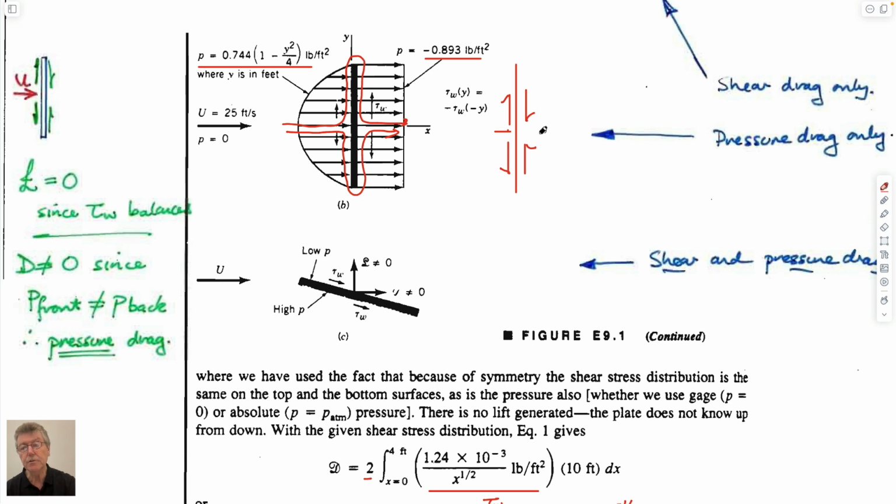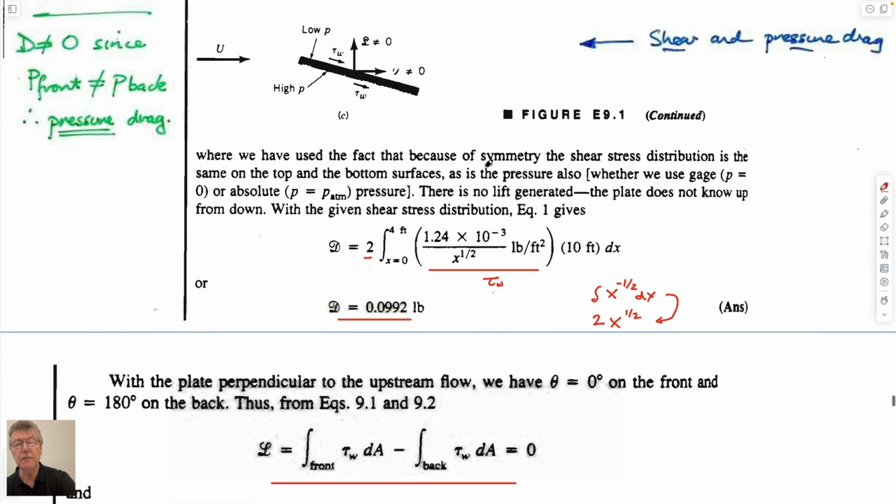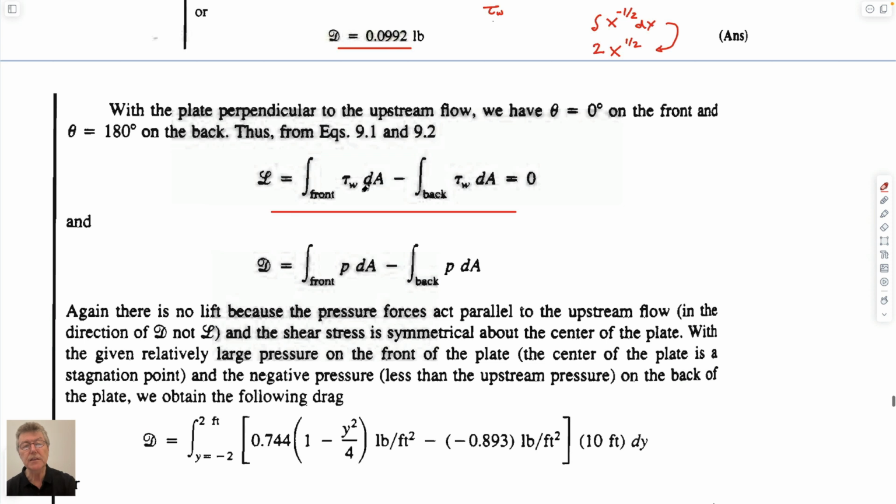So the symmetry of these two on the back are going to cancel each other, so there's going to be no net component from these. And the symmetry of these on the front are going to cancel each other. So individually, you'd expect that the summations of these would also be equal to 0, right? Because it's not just the magnitudes of the shear forces, but the summations of them.